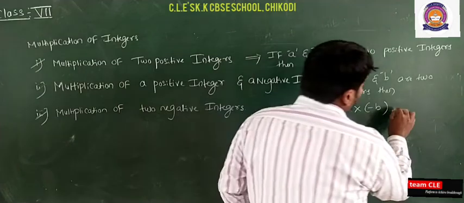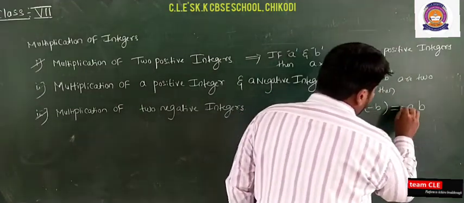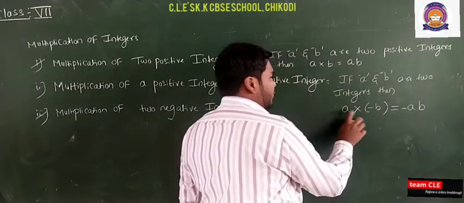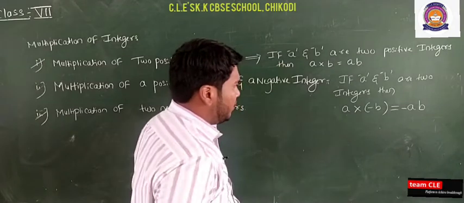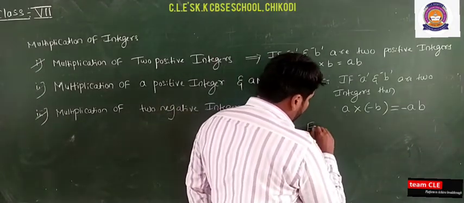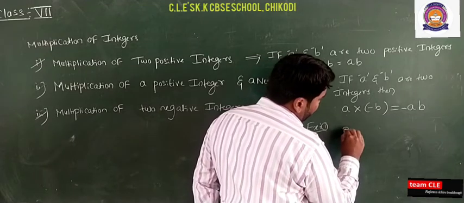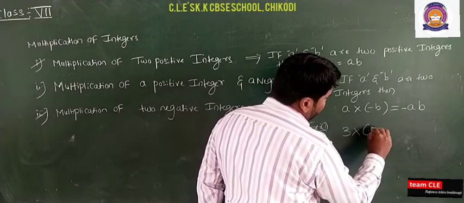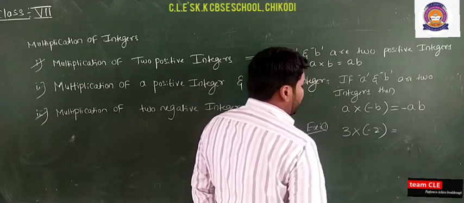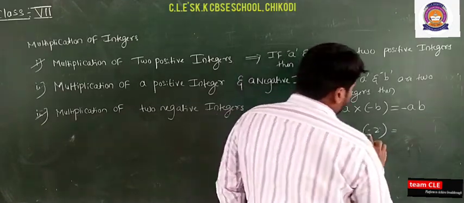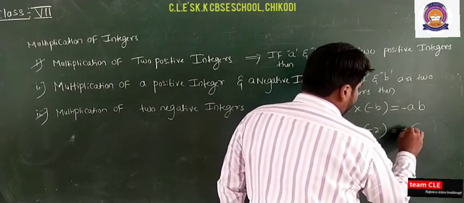Then a into minus b is equal to minus ab, because plus into minus is minus. Example: a is equal to 3 and b is equal to minus 2. 3 into 2 is 6, and plus into minus is minus 6.